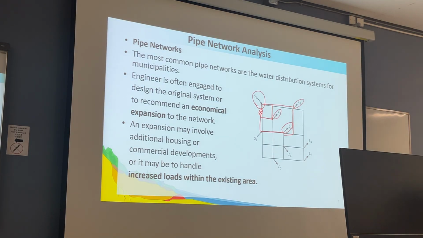The water is still able to supply to user 1 and user 2, even though this pipe has a blockage, or sometimes some pipes may need maintenance, because some pipes have been running for many years.